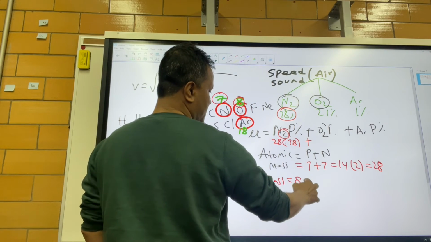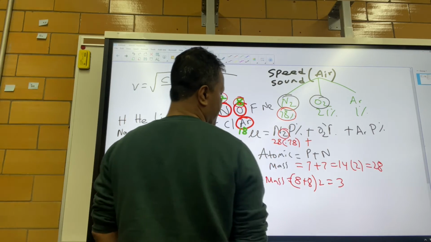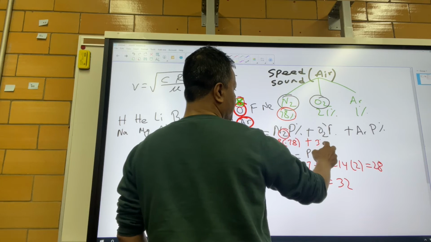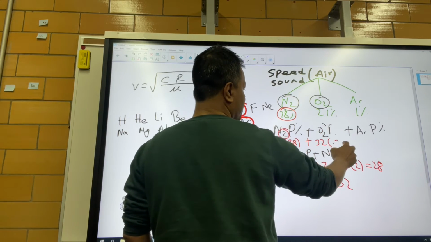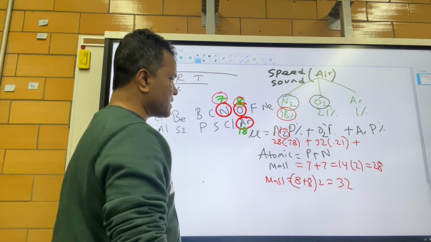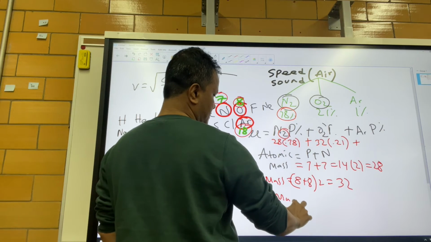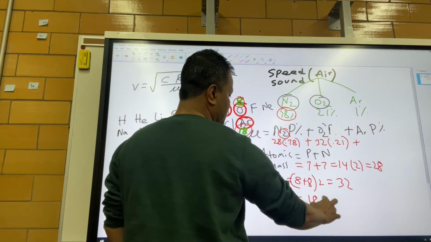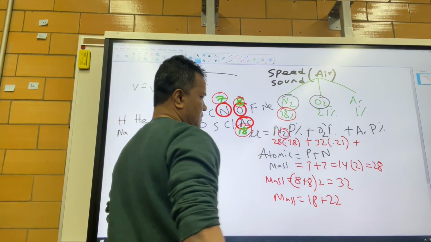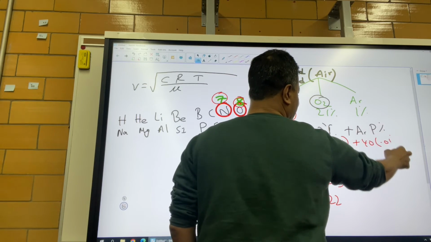So 8 plus 8 times 2, 32. So this is 32, and what percent is 21%. Plus argon. How many protons in the argon? 18. Neutrons is 22 because argon is an isotope. So you have 40 times 0.01.